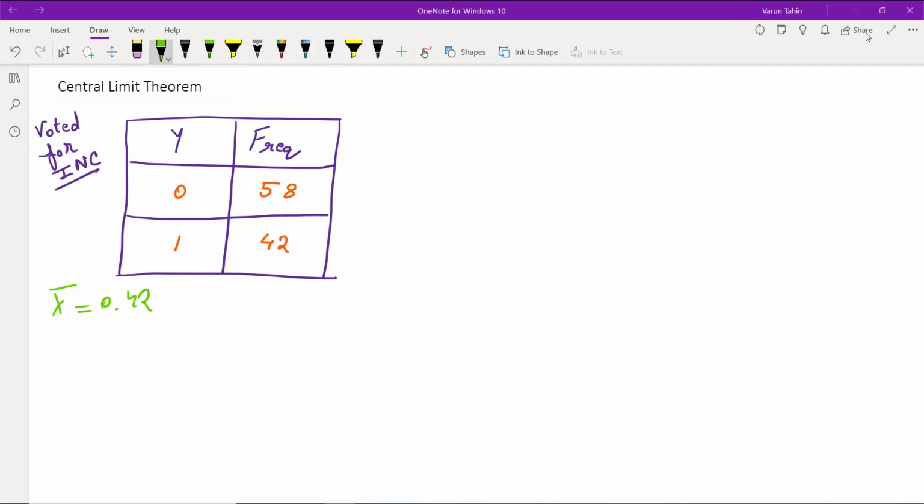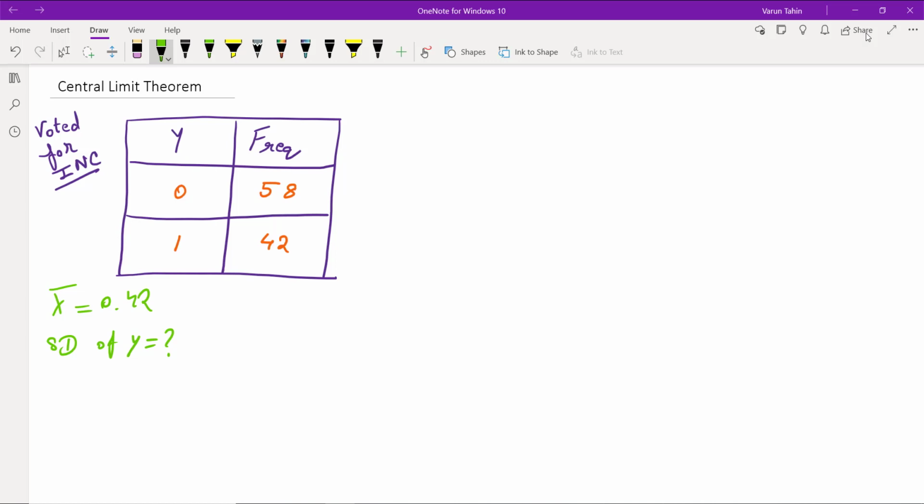Now what we need to find is again the standard deviation of Y. There would be 42 people for whom Y would be equal to 1 and 58 people for whom Y would be equal to 0. Correct? So we have drawn this frequency table.